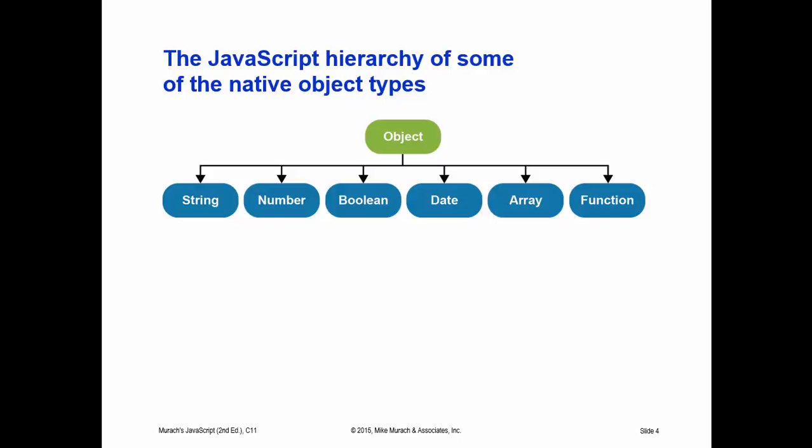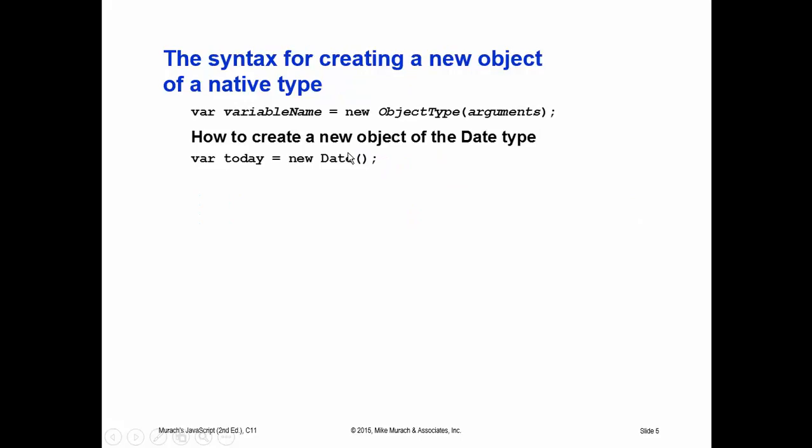But again, JavaScript provides a two-level hierarchy of object types. The object is at the top and what you see down below it is in the next level. So all the objects at this second level, and really this is level 0 and level 1, so all these level 1s, they inherit directly from object.